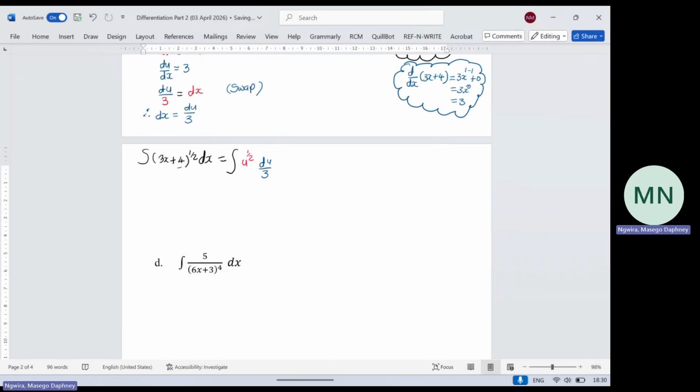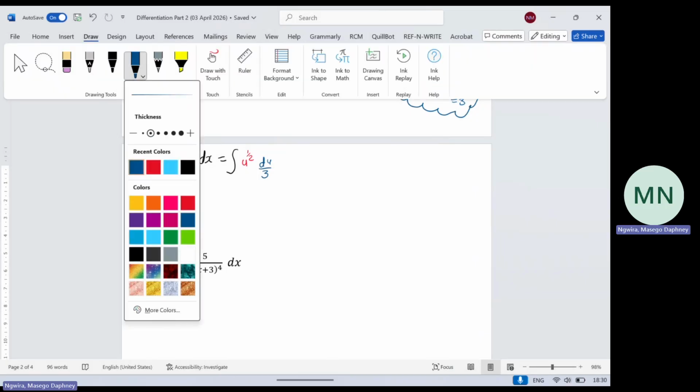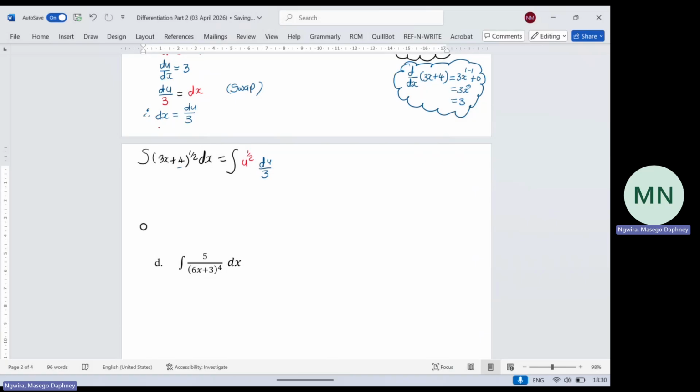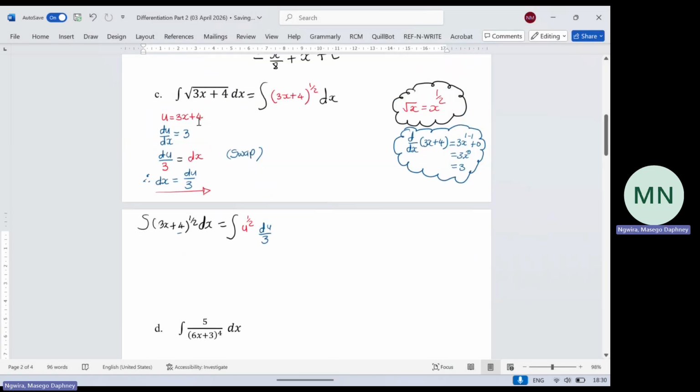What did I do here? I substituted. I said wherever I see dx, I put du over 3. And then I also substituted this one. Wherever I saw u, I put 3x + 4.